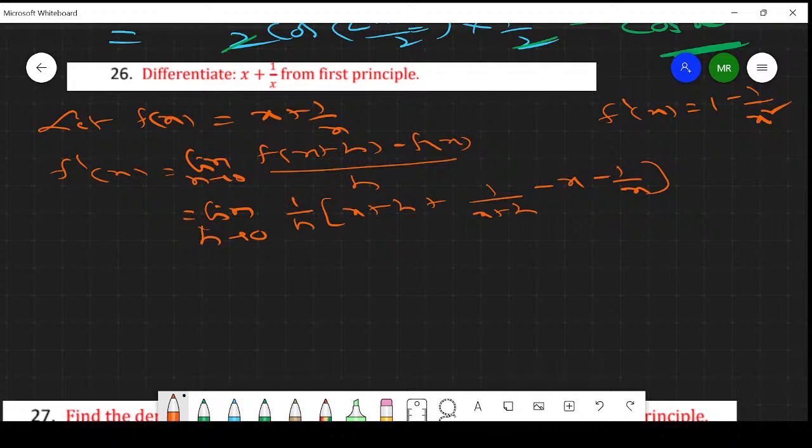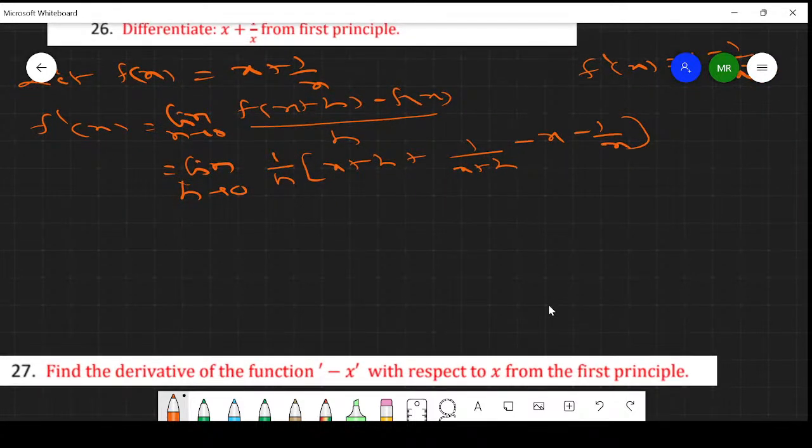Now plus x and minus x will get cancelled here. I can simplify this and continue the problem.